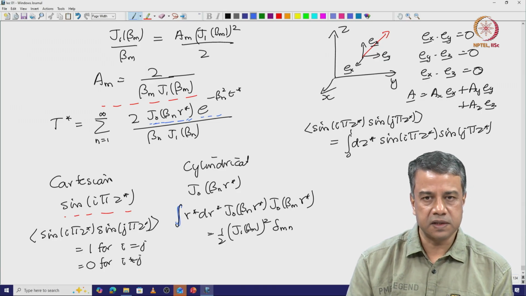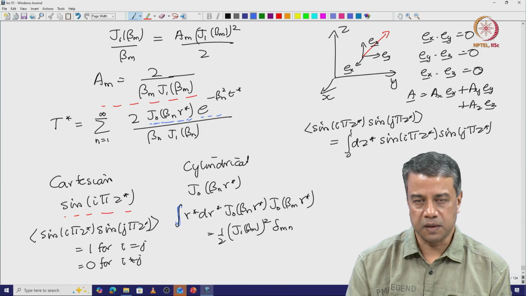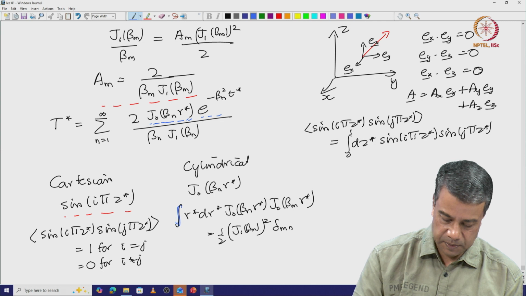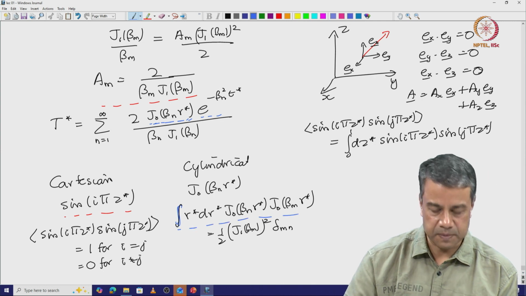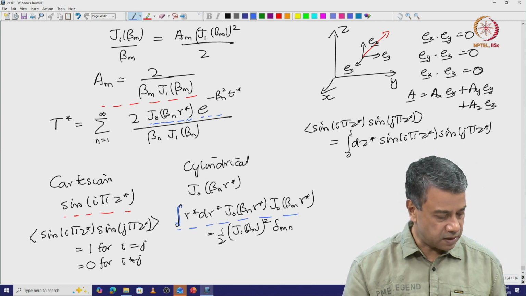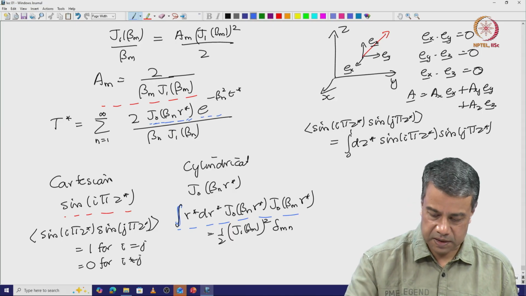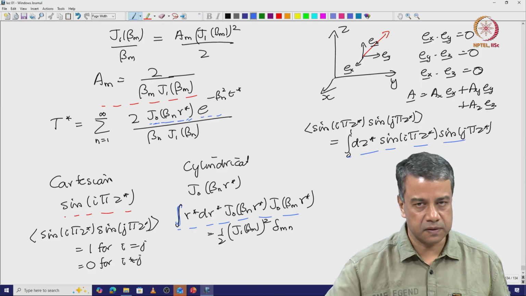In cylindrical coordinate system, the Bessel functions are a complete and orthogonal function space with the inner product defined as r dr times j naught of beta n r times j naught of beta m r, whereas in Cartesian coordinate system it is just the plain integral. That is the orthogonal function space.